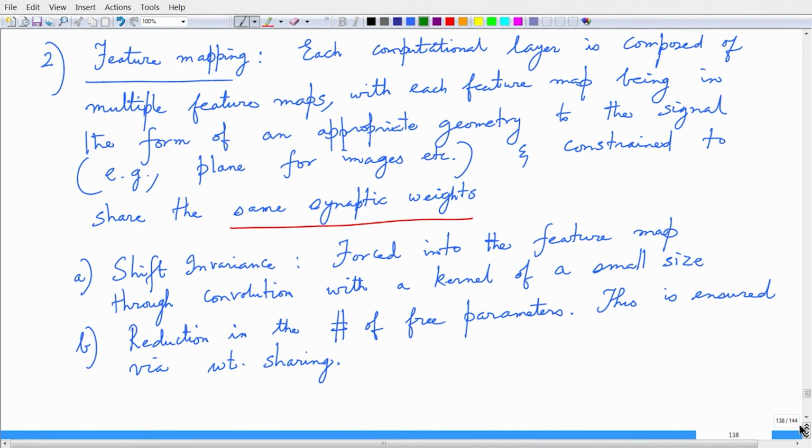There are two things that happen with this. One is shift invariance, because we are forcing the feature maps through the convolution operation with a kernel of a smaller size. If you think about the convolution operation, it has this shift invariance folded in, so this property is naturally incorporated by virtue of design.